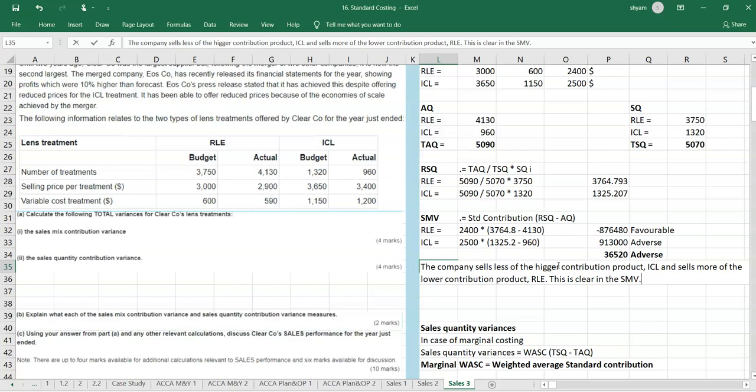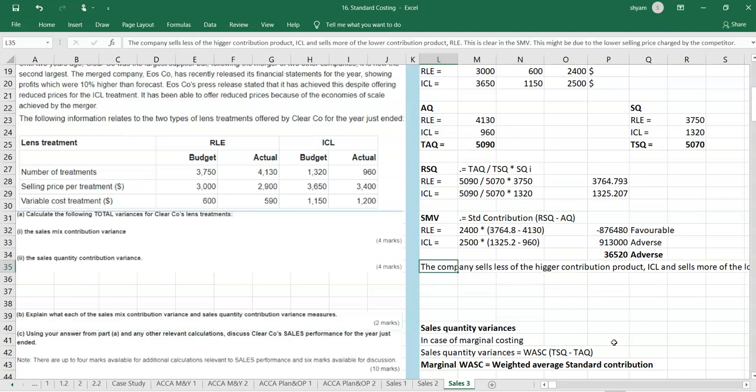Okay, so this seems to be very clear in the sales mix variance. If you see the lower contribution item, they are selling more and getting a good favorable variance, but the higher priced one, they are unable to sell it. That might be due to the lower selling price charged by the competitor.